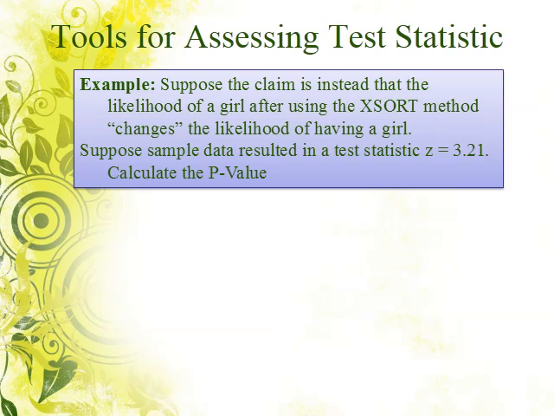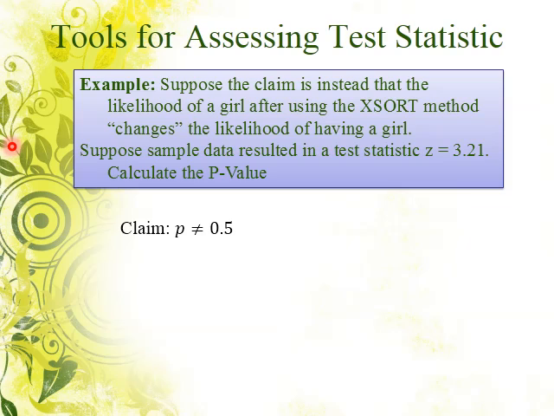So again, first of all, we'll identify the null hypothesis and the alternative hypothesis. The claim in this case is that p does not equal 0.5, because all we know from the claim is that it changes the likelihood of having a girl. Whether it increases or decreases, we're not saying.